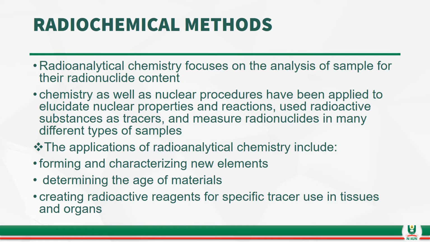Reactions use radioactive substances as tracers and measure radionuclides in many different types of samples. The applications of radioanalytical chemistry, therefore, are: one, forming and characterizing new elements, so new elements can be formed and characterized by these techniques.